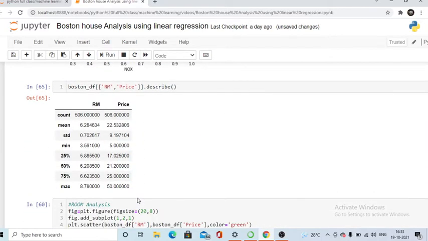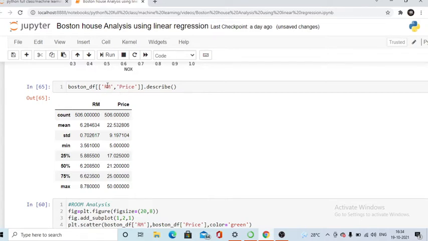Similarly we have done all the things, and we have done the analysis of each feature with respect to the price. If you see this video part in Hindi, you will get more understanding of why I have written all these lines. Actually here I have explained what the price will be with respect to the rooms. Here RM stands for rooms.